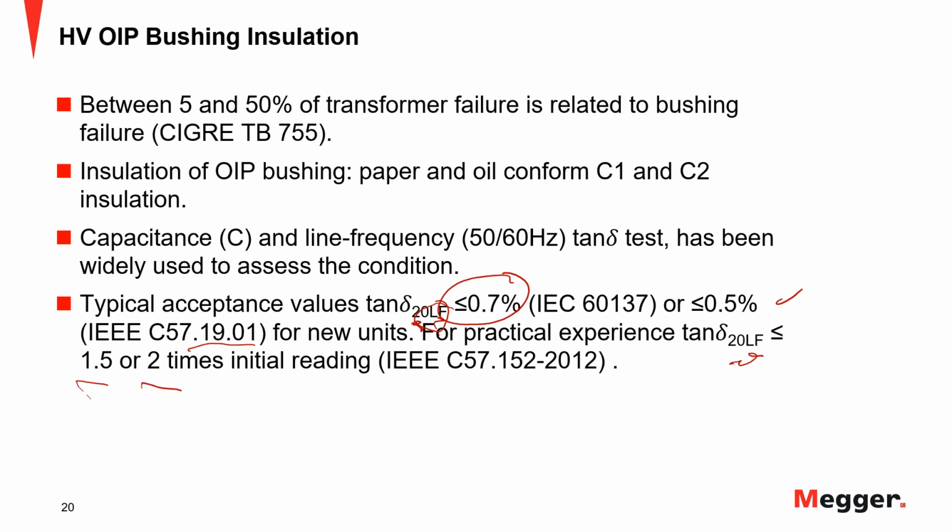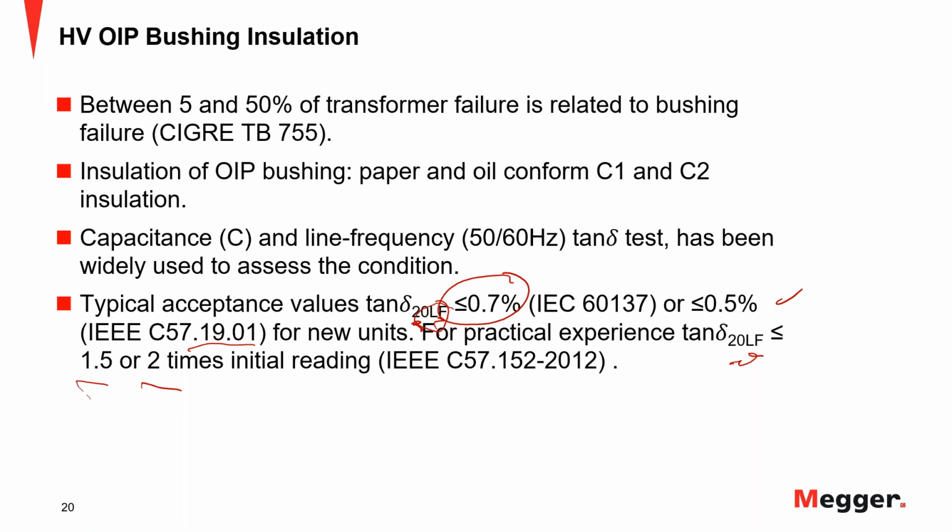I would think that C1 should not get much of an influence at all, but C2 probably will, because now that it is immersed in oil, now that you have the lower envelope of your bushing connected to the winding on the transformer, you may see a slight change on your C2 as well.